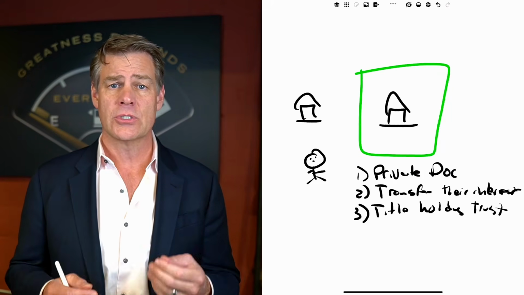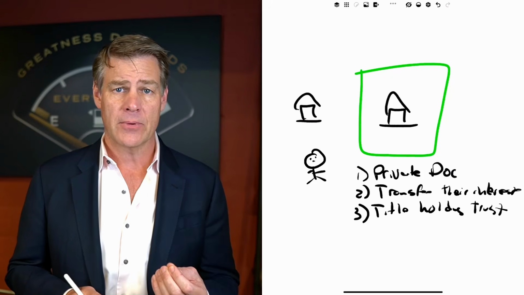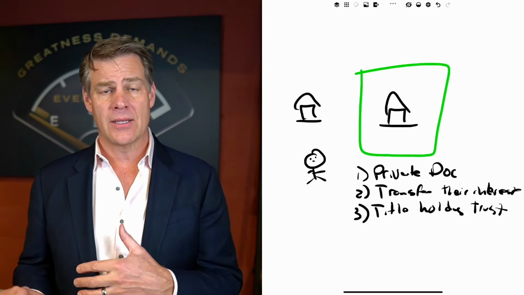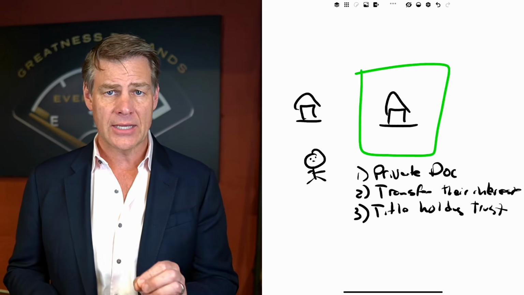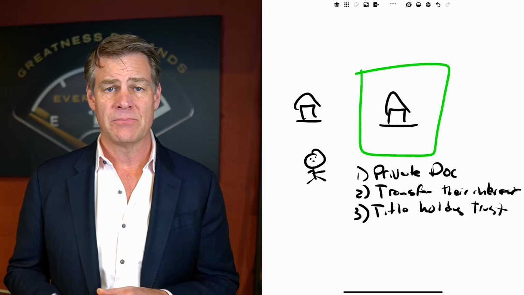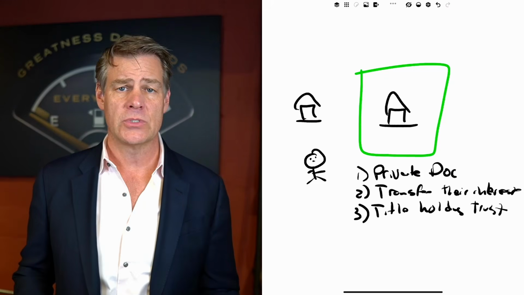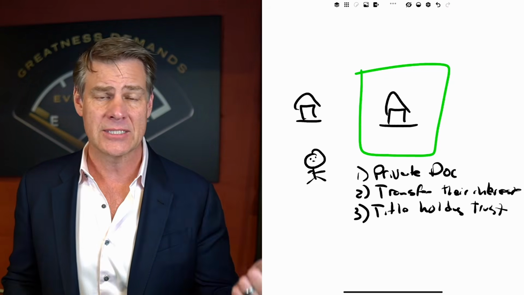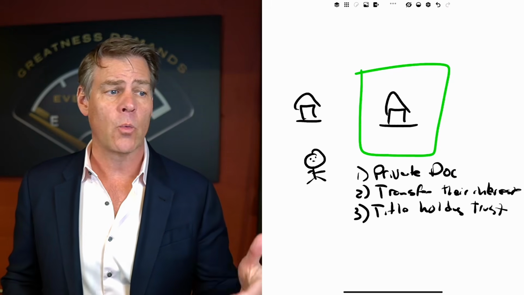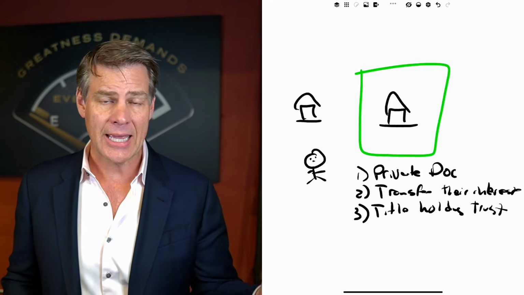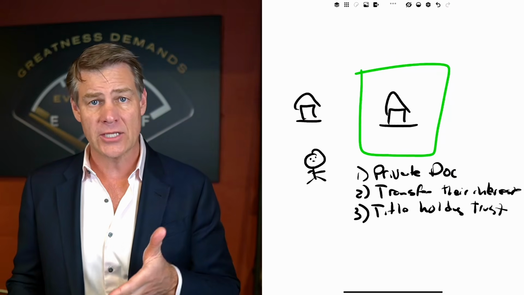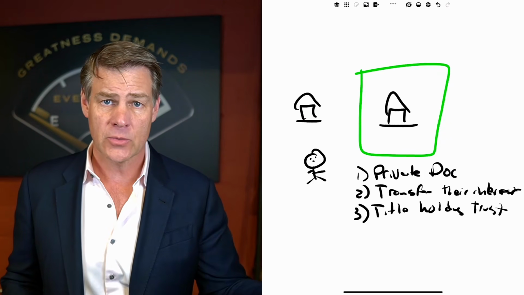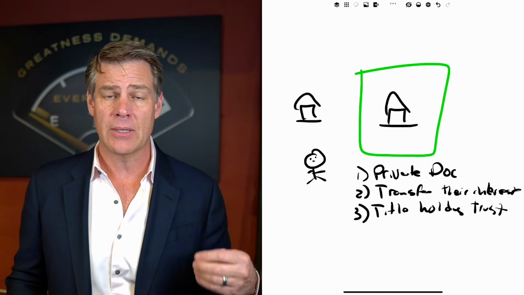What we're going to use it for is to make sure that we can then take a piece of property and get that property that is subject to a mortgage into an LLC without alerting the lenders to the fact there's been a property transfer. So herein lies the main benefit of using a land trust and why so many real estate investors use this, meaning if you're buying property subject to an existing mortgage and you don't want the seller's lender to know that the property has been transferred to someone else because you want to keep paying that mortgage at that lower interest rate, and you're not assuming it, but you're going to be paying it.